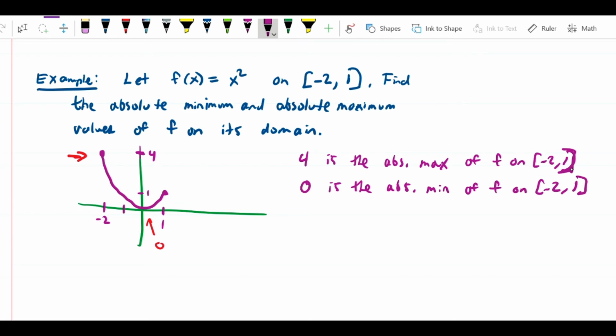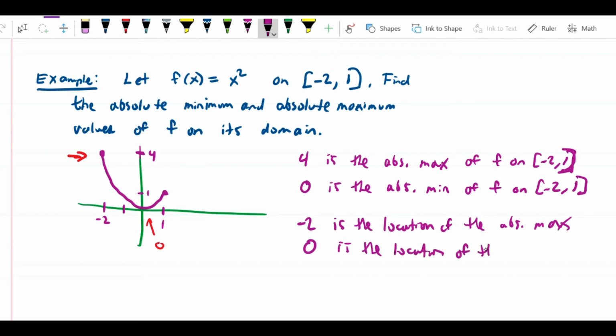It's certainly correct to observe that the number -2 has some meaning in this problem, but what we would say is that -2 is the location of the absolute max, and similarly, 0 is the location of the absolute min.